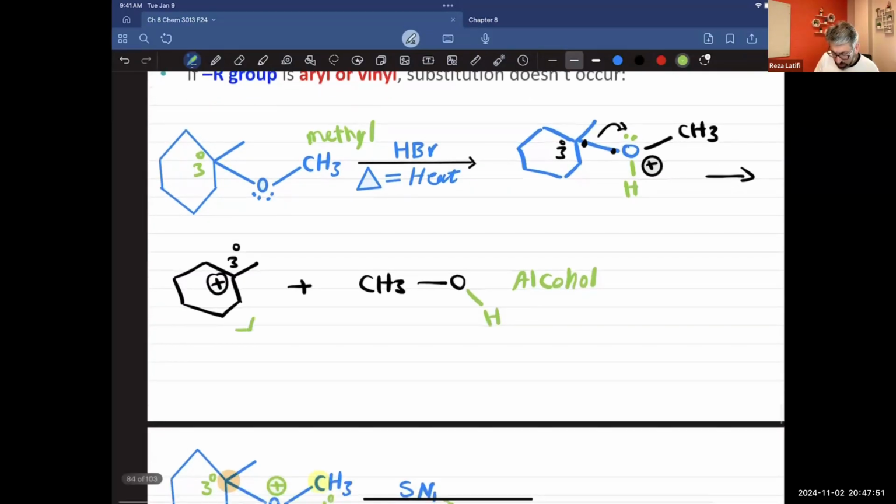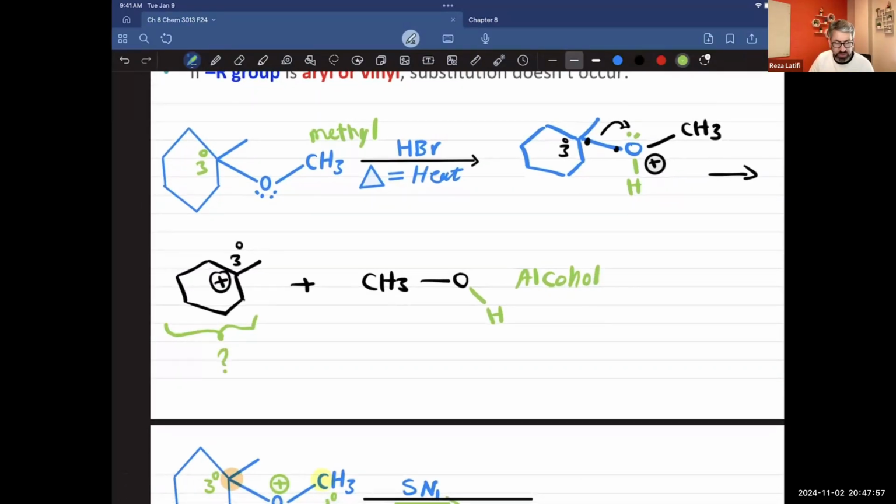Now, the question is, what's going to happen to this carbocation? This carbocation is going to get involved in an SN1 reaction. And what's going to be the nucleophile? The nucleophile in this SN1 reaction will be Br minus. So in the next step, Br minus will be added to the tertiary carbon, and it will give us the alkyl halide.